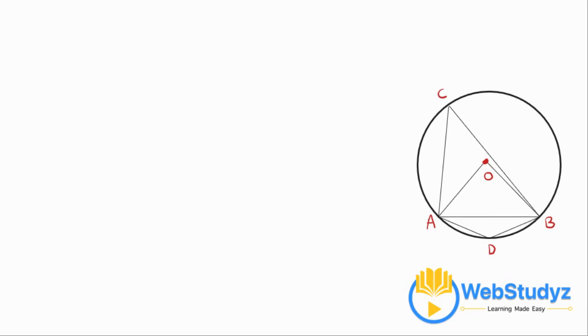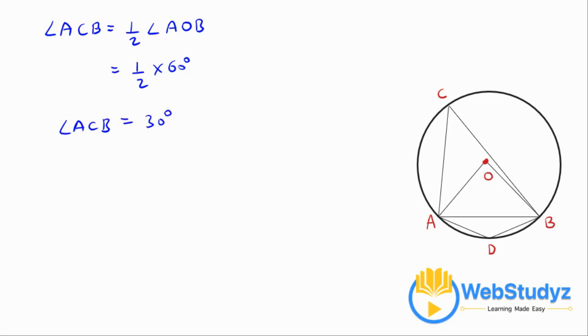Now angle ACB will be half of angle AOB. So from here we can calculate angle ACB as half of 60 degrees, which comes out to be 30 degrees.